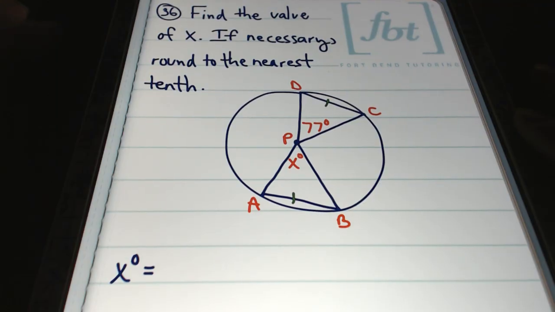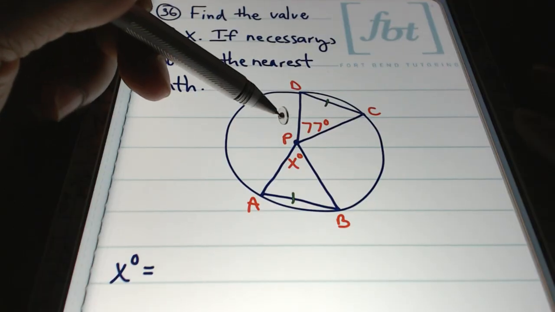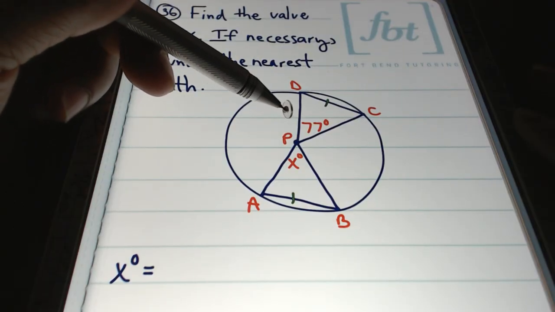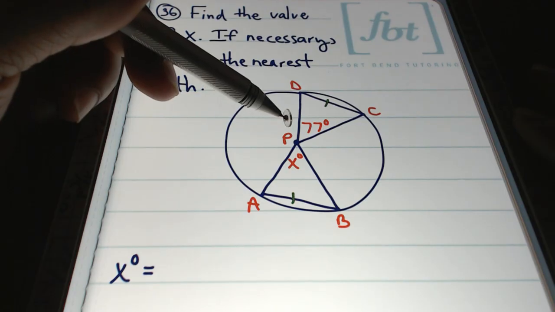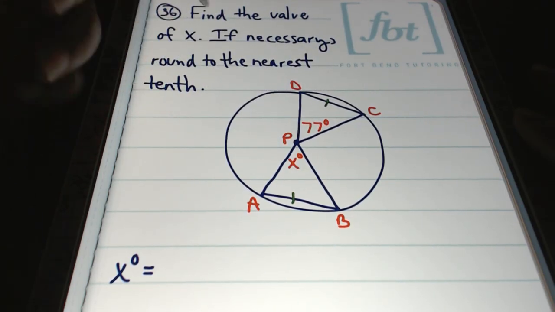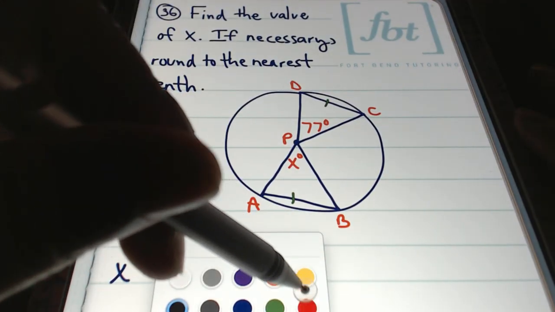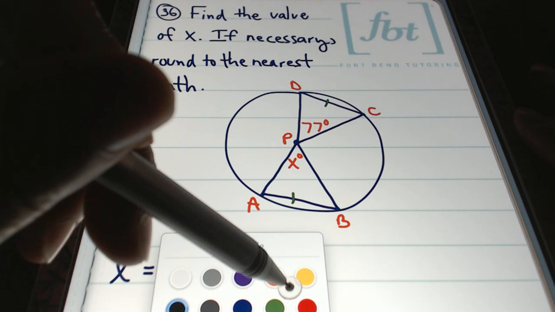The first thing I'm going to do is realize, guys, that if P is the center of the circle, then segments DP, CP, BP, AP are all radii. Each one of those is a radius.